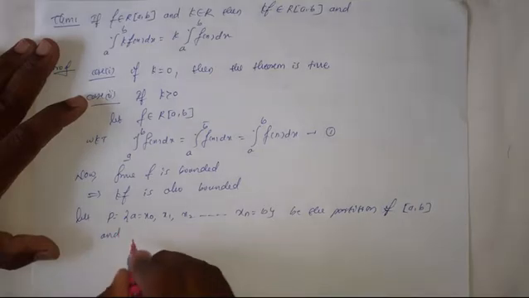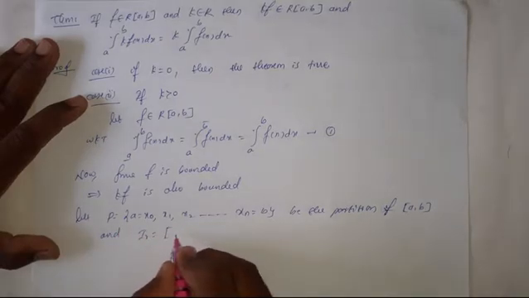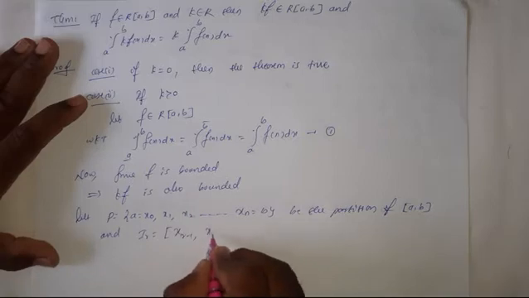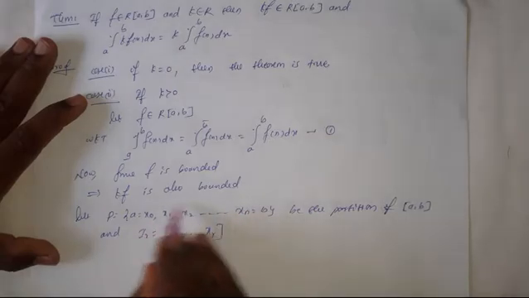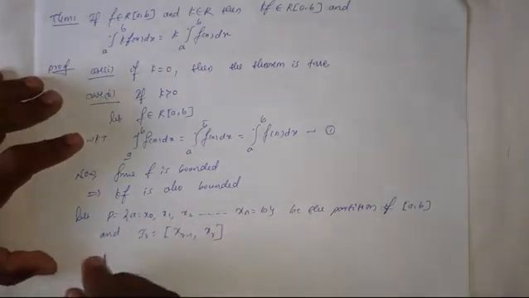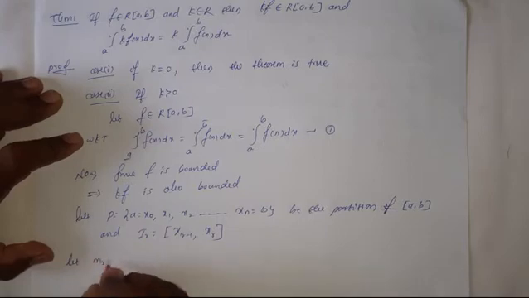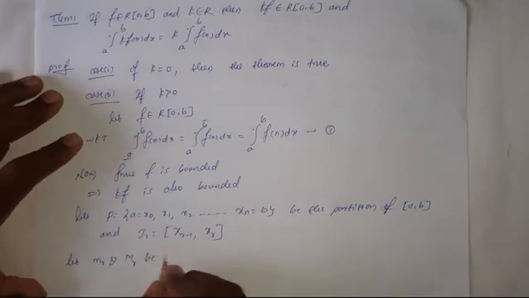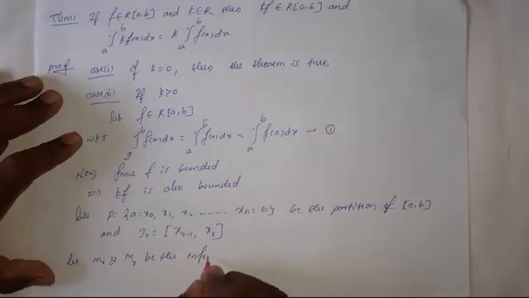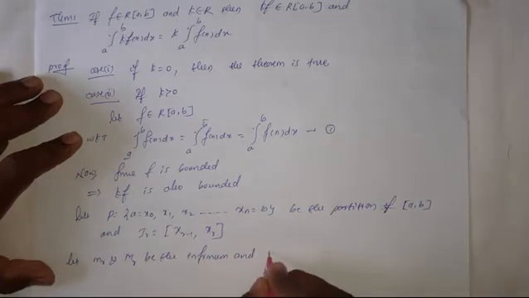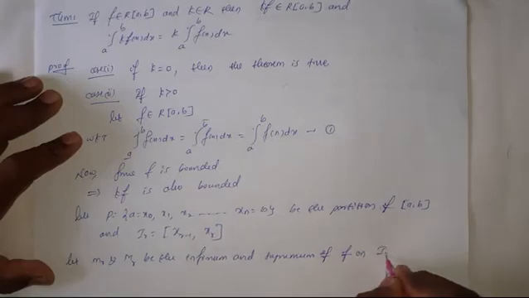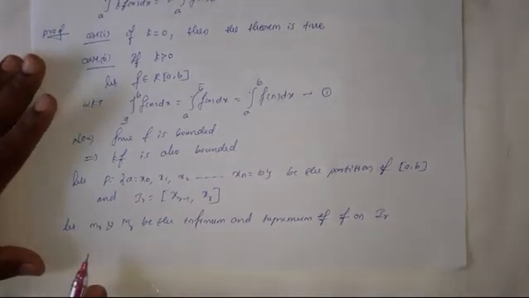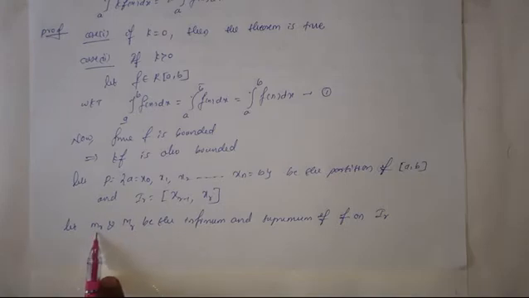So now let us consider the partition whose points are x0, x1, x2 up to xn, and Ir is the rth subinterval, given by x(r-1) to xr. So it is the rth subinterval of the partition P, and these are the points of the partition P. Now let small mr and capital Mr be the infimum and supremum of the function f on the rth subinterval Ir.